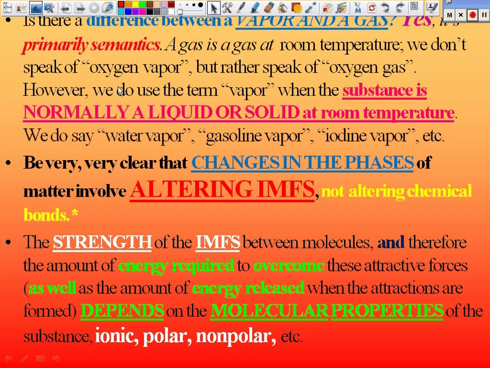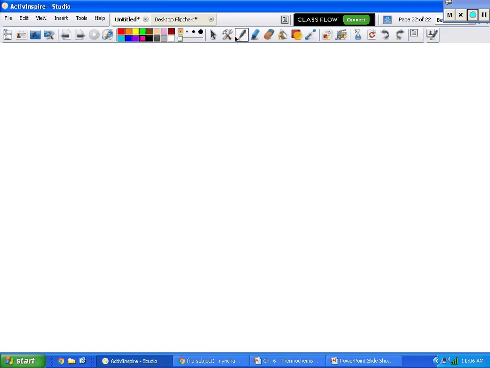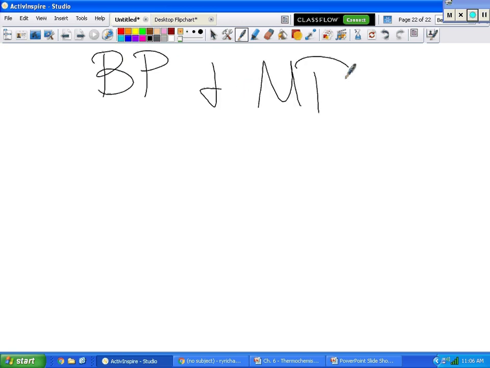Okay. All right, so be very, very clear that changes in the phase of all matter involve altering IMFs and not altering chemical bonds. Now, this is one other thing, and we're going to get into this very much in the next few chapters, is how molecular properties are set up. And the whole key, and I want you to write this underneath this last bullet down here if you've got enough room: what is BP and MP?